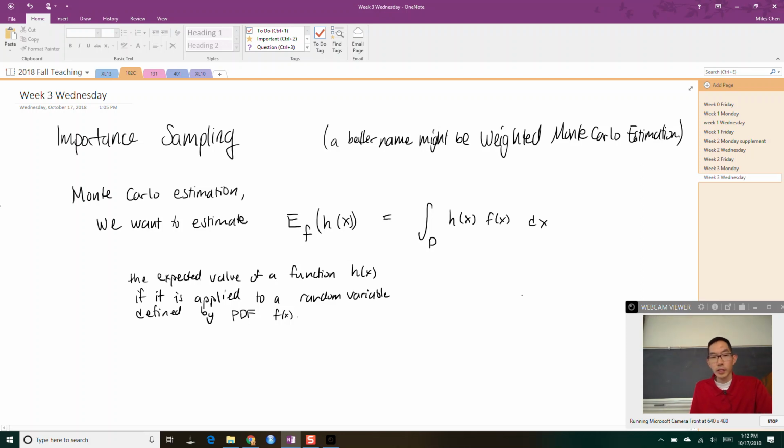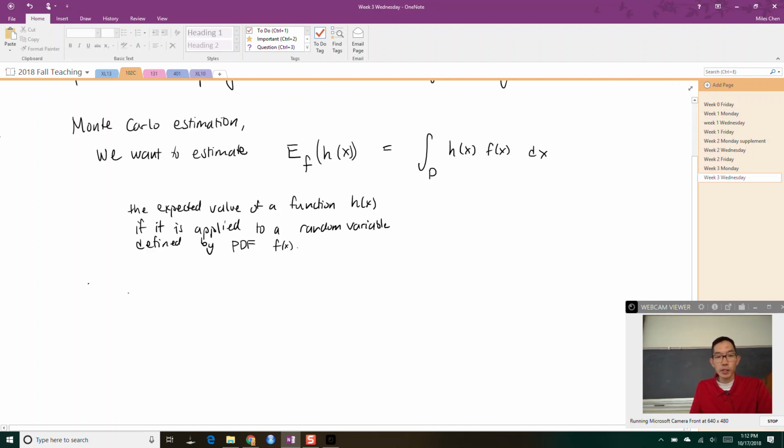Okay, and what are the steps for getting an estimate? The process is what? What's the first thing we do? Yeah, generate random values from where?